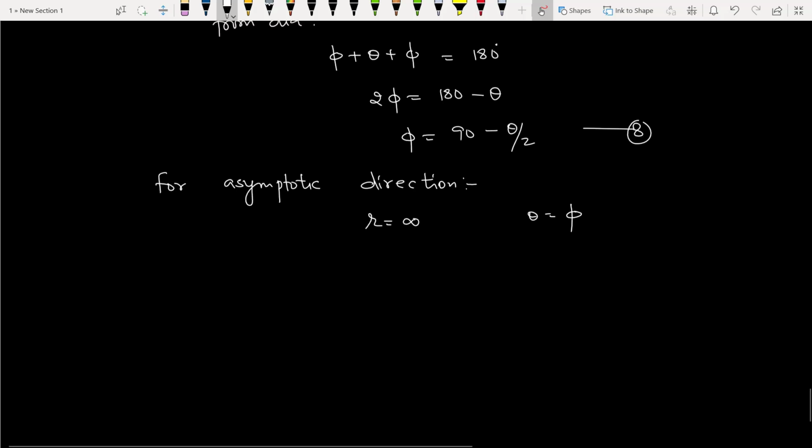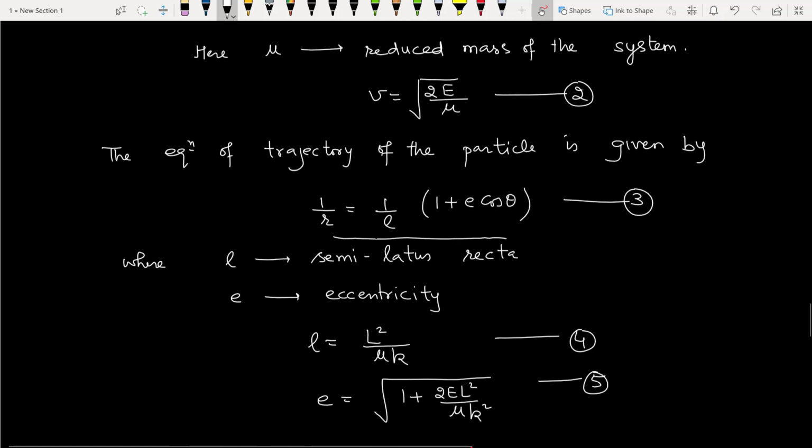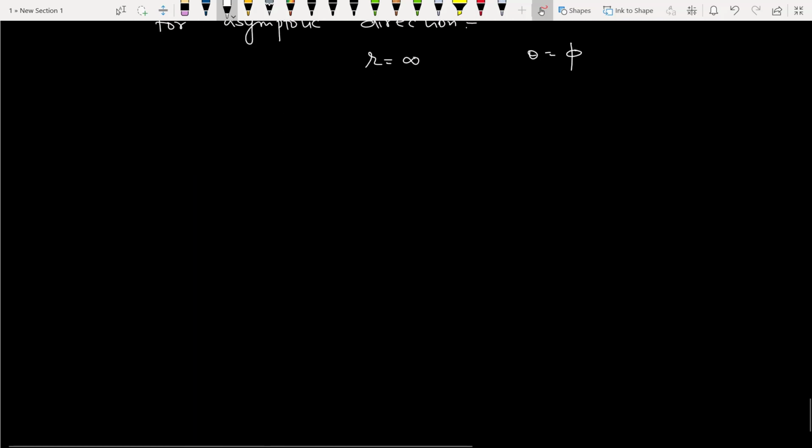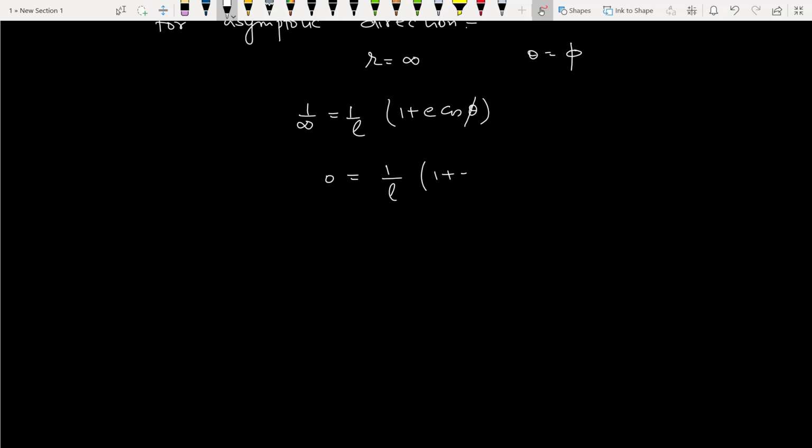So from equation number 3, 1 by infinity is equal to 1 by l into (1 plus e cos theta), and instead of theta we can now write phi. So 1 by infinity is 0, so 1 by l times (1 plus e cos phi). So 1 plus e cos phi is equal to 0. e cos phi is equal to minus 1. Cos phi is equal to minus 1 by e.